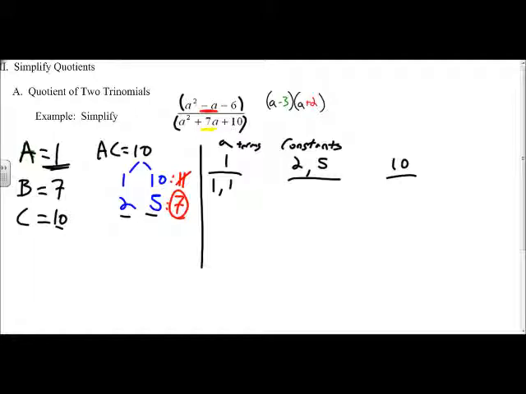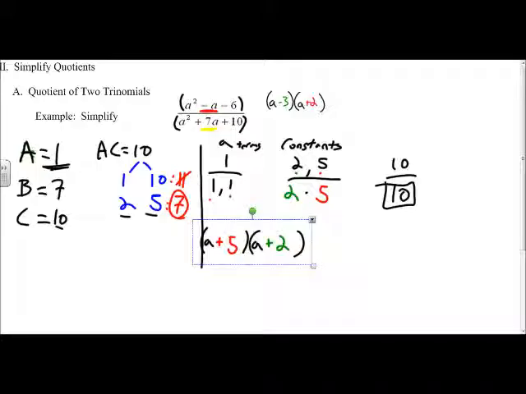So when we match those up, it doesn't matter which one we match it with. 2 divided by 1 is just 2. 5 divided by 1 is just 5. 2 times 5 is 10, which was exactly what we were looking for. So we have our binomial factors. We have two A factors, both of them just 1A. One of the 1A's needs to be matched up with a 2, and one needs to be matched up with a positive 5.